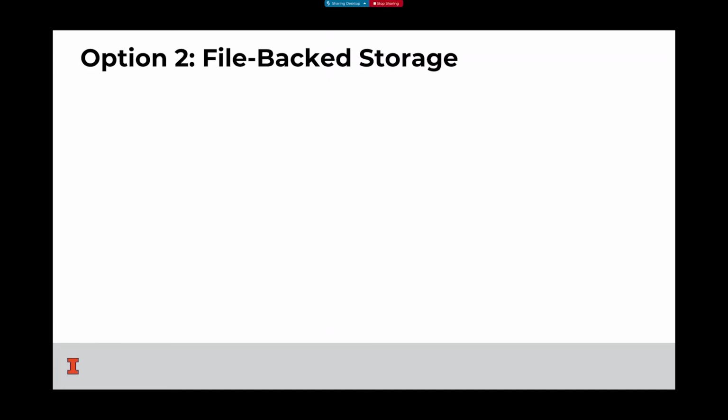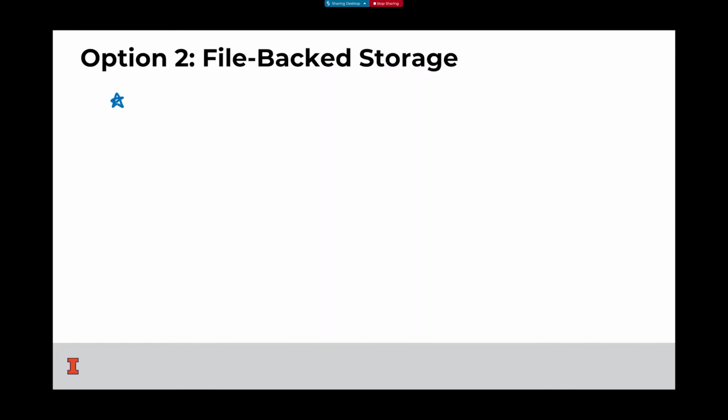The first option for sharing data, and the option you may have used before, and the option you often use to transfer data between offline programs, not online API programs, is file-based storage.